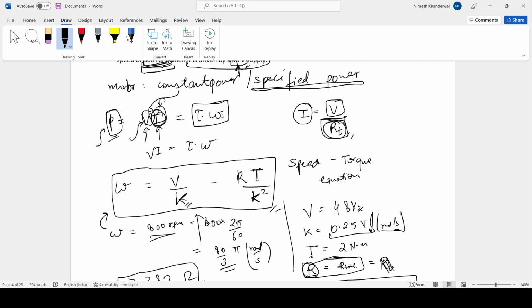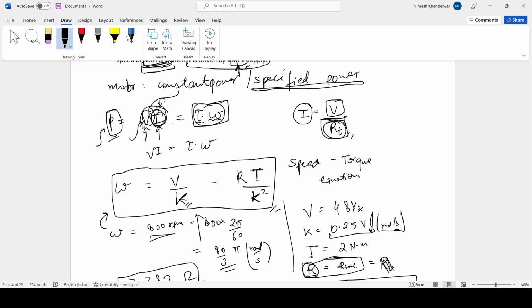And what is the power required at the load end? The torque delivered by the motor to balance out the load multiplied by the speed of the motor shaft. So tau times omega gives you the output power that is required.